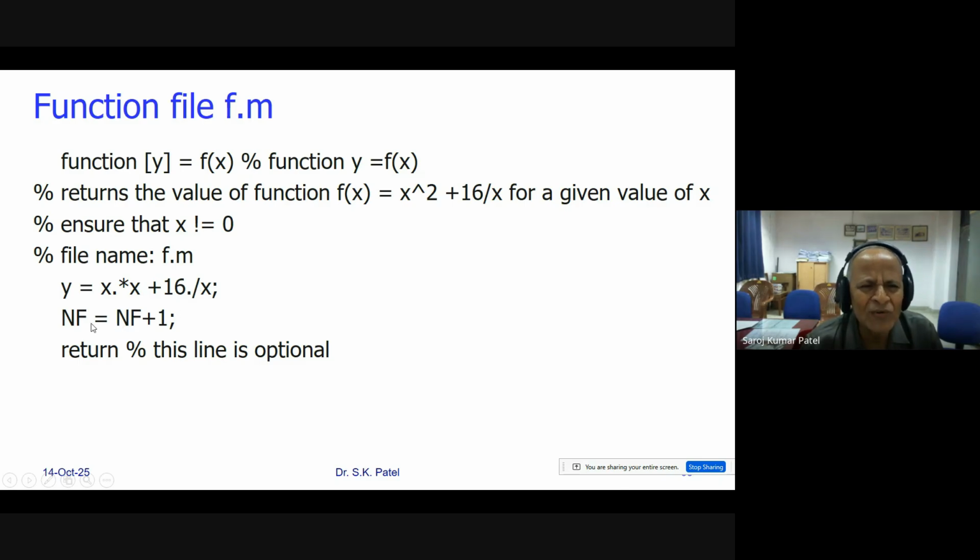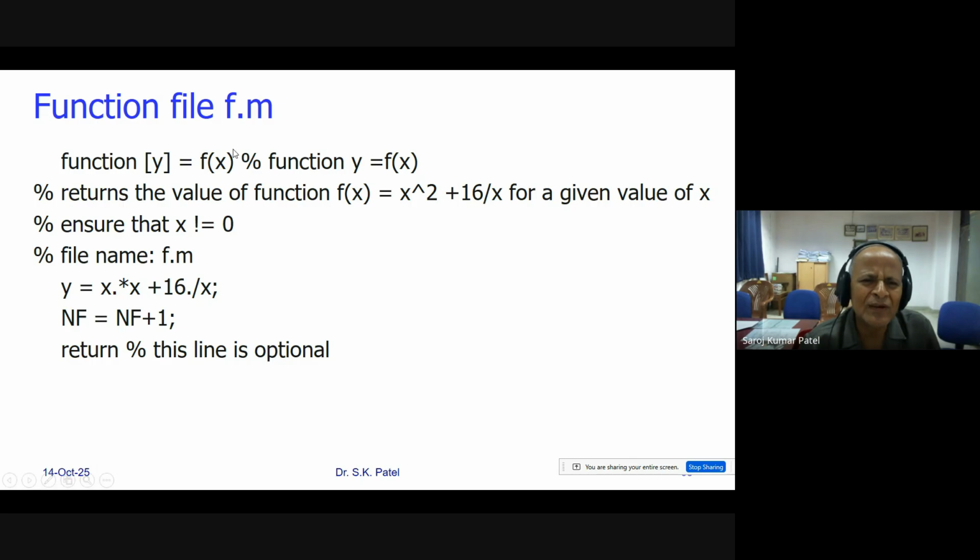And then we write down, since we are calling this function, as and when it is called, the value of nf is to be incremented by 1. Just to keep track of how many times you are doing the f of x calculation. And the last statement may be written; even if you don't write it, it will be understood.